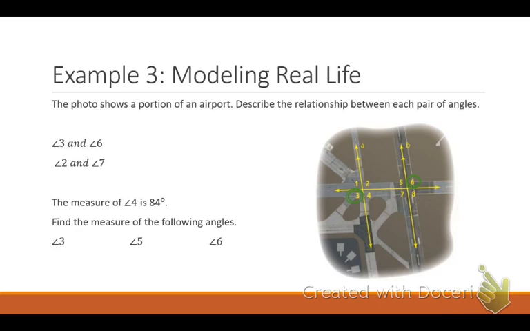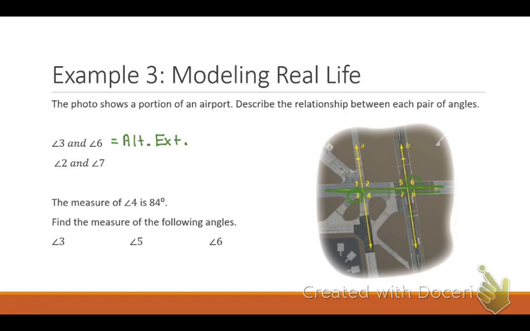Do you see how they are both on the outside of the parallel lines? But notice where my transversal is. It's cutting through the middle, and 3 and 6 are on opposite sides of it. So yes, they are alternate exterior, and we can abbreviate it.